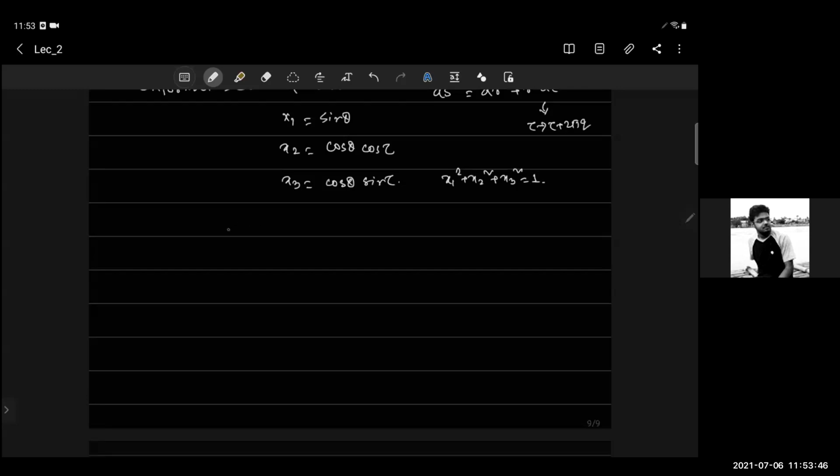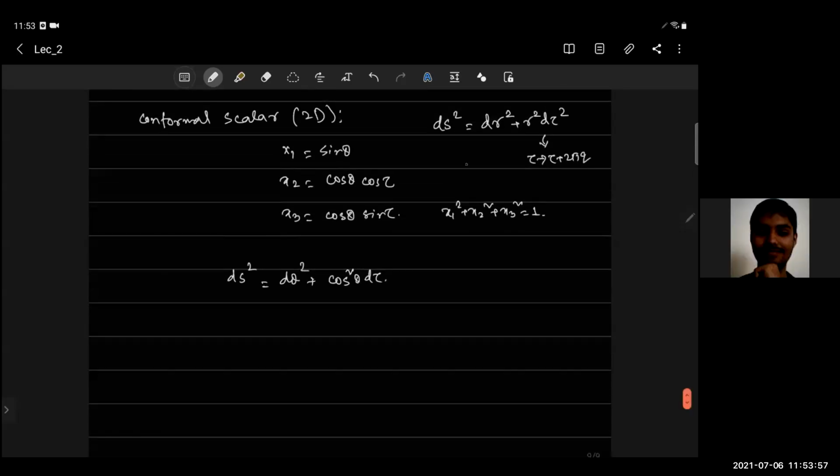Now you do dA squared, you end up getting d theta squared plus cos squared theta d tau squared. This tau is the same tau which we identified earlier.